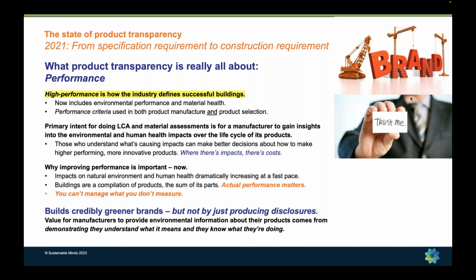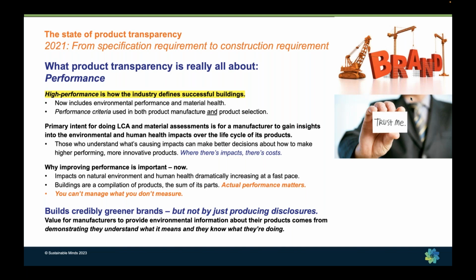So these are performance criteria that manufacturers are evaluating and determining how to make improvements in their products when they make them, and they're performance criteria that you as designers, architects, specifiers, building owners, contractors make decisions about product performance. These are criteria that you're using as well to make decisions.